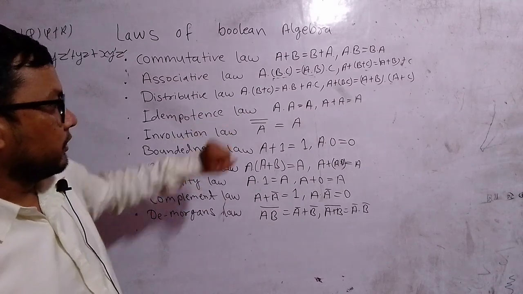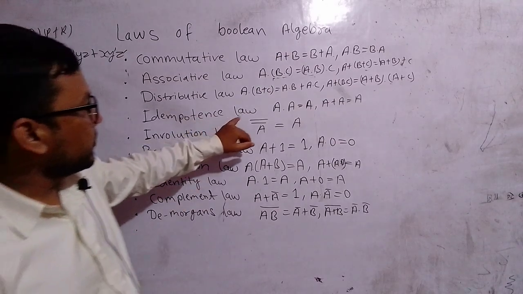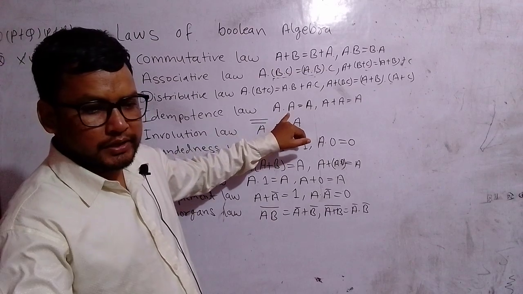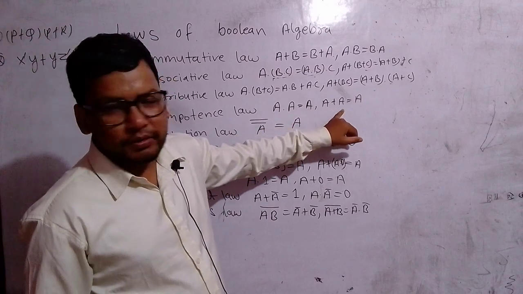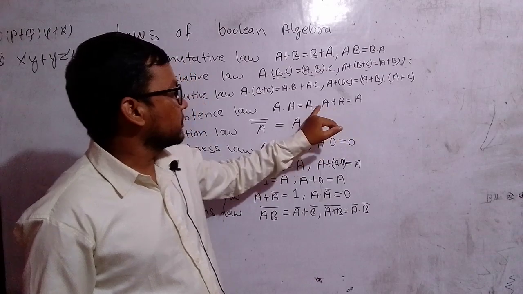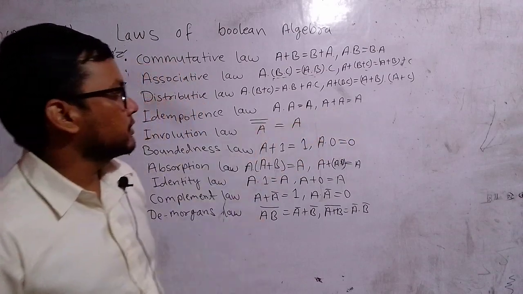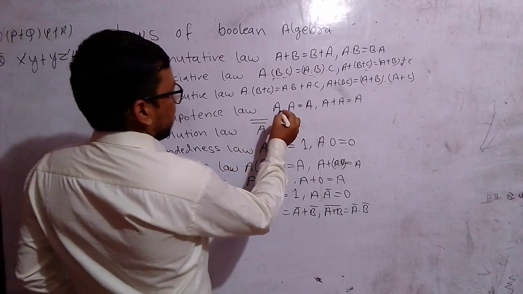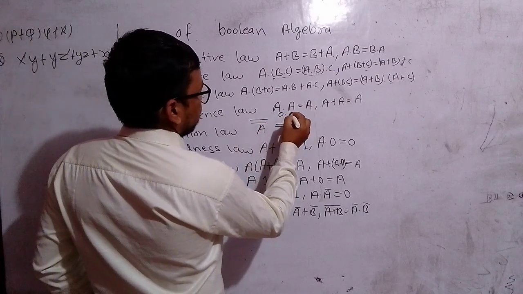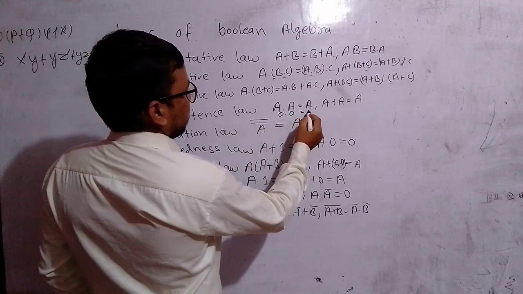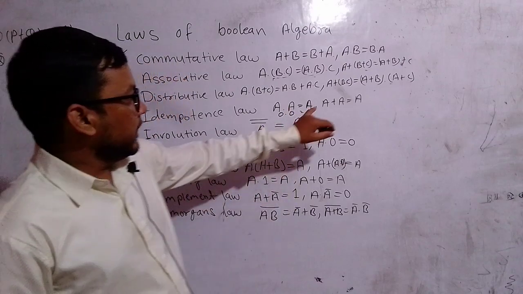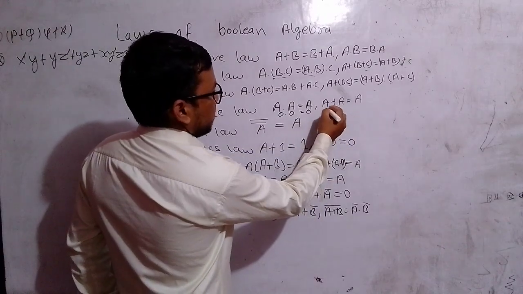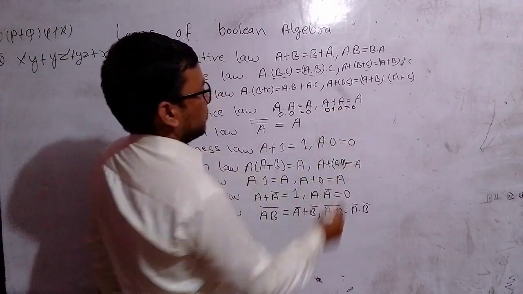Now idempotence law. A dot A gives A and A plus A gives A. Here plus means OR operation, dot means AND operation. For example, if A is equal to 0, then 0 dot 0 would be 0. And if A is equal to 0, then 0 plus 0 would be 0.